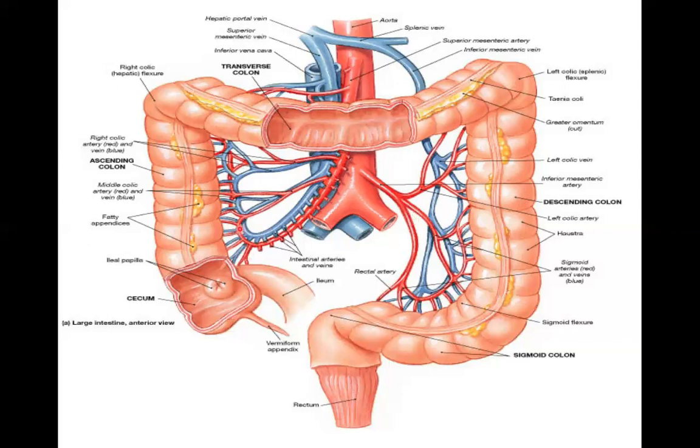From the marginal artery, which runs nearby the border of the large intestine, arise vessels called vasa longa and vasa brevia. Memorize that these vasa from the marginal artery reach the surface of the large intestine and penetrate its muscular coat.